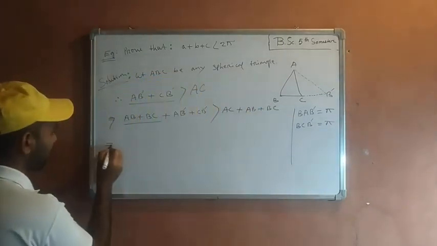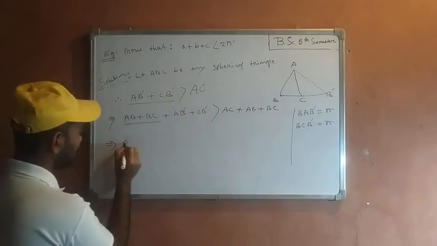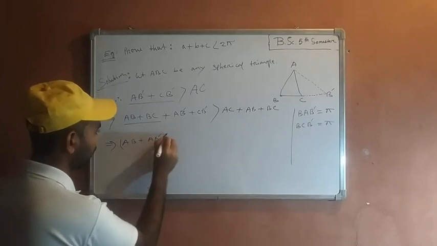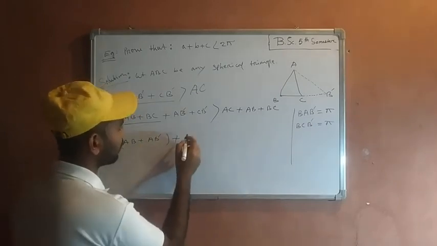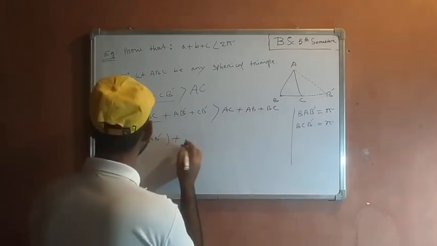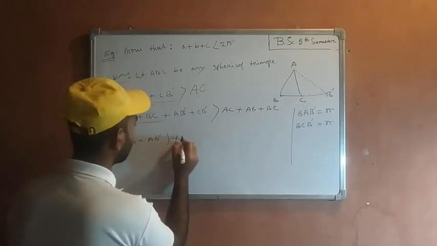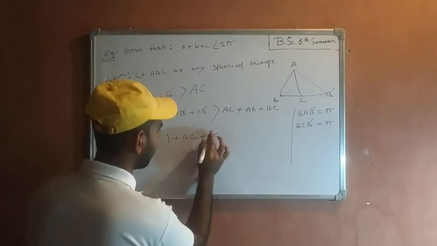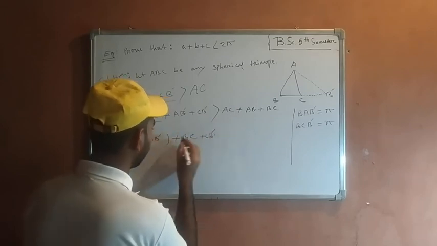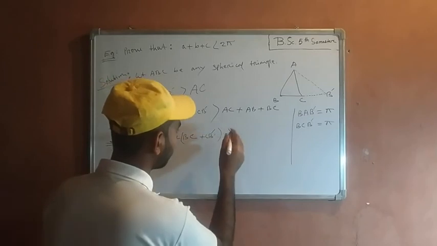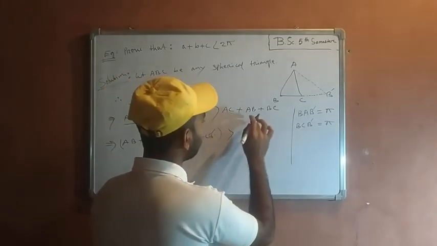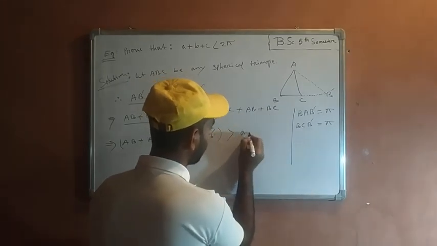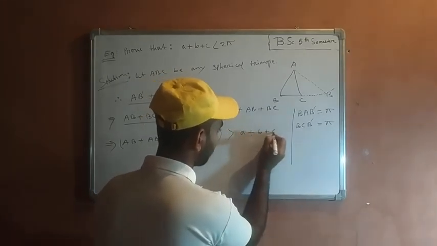Now we write the separation: AB plus AB dash plus BC plus CB dash is greater than AC plus AB plus BC, which directly is small a plus b plus c.